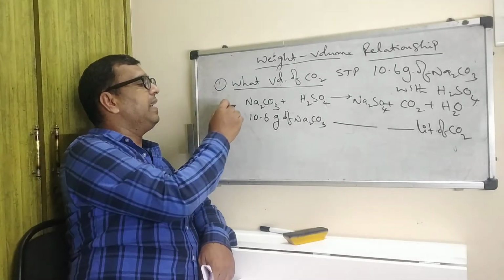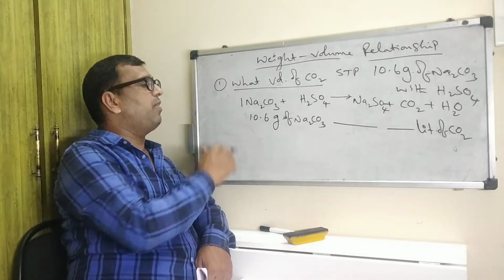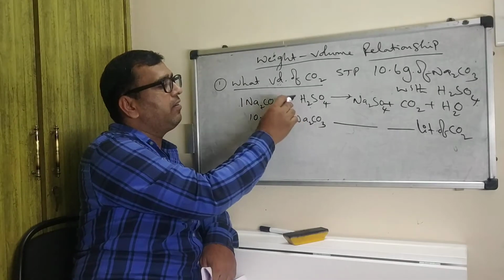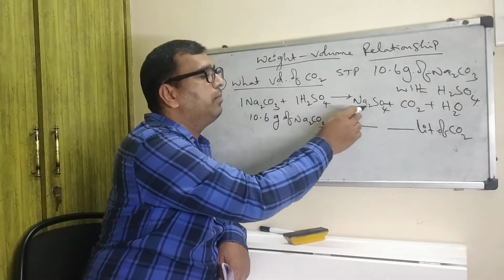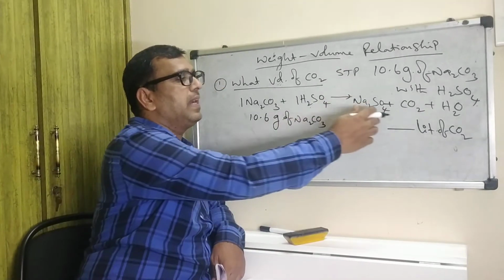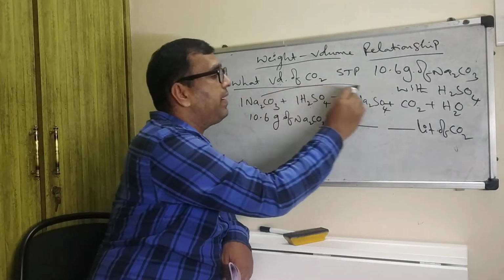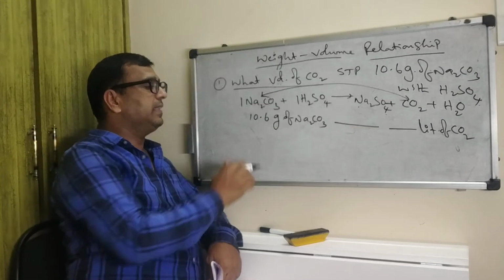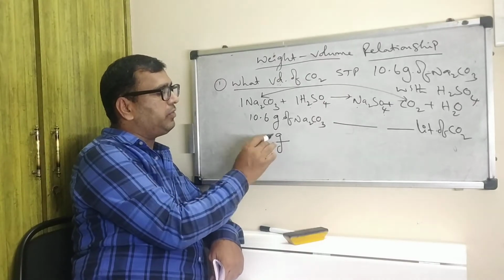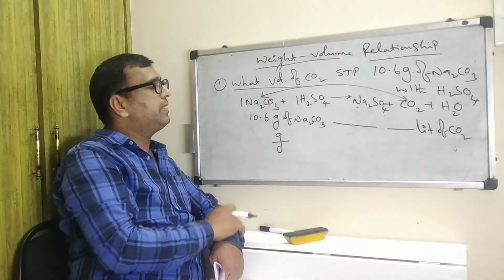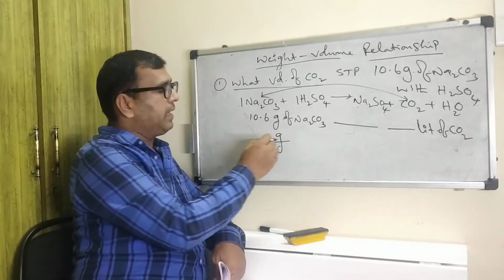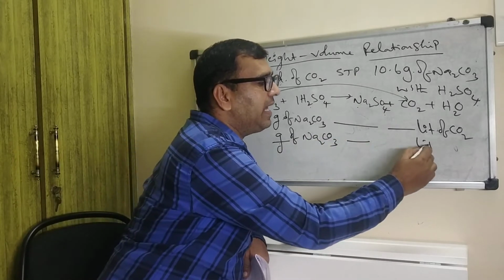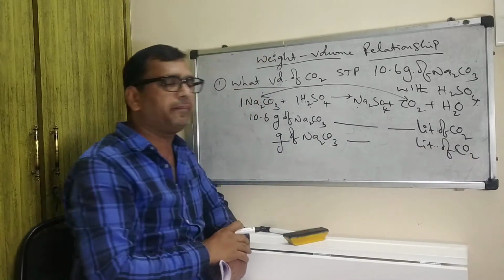So here 1 mole of sodium carbonate reacts with 1 mole of sulfuric acid to form sodium sulfate, carbon dioxide and water. So this is the relation between sodium carbonate and carbon dioxide. Generally the given information is in grams, weight, mass, and grams of sodium carbonate gives dash liters of carbon dioxide.